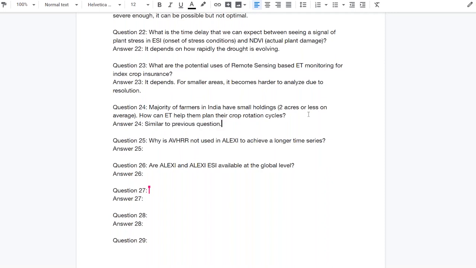I think as future sensors come, maybe we get to the point where we have higher resolution thermal. But also, a lot of these methods are not operationally produced.